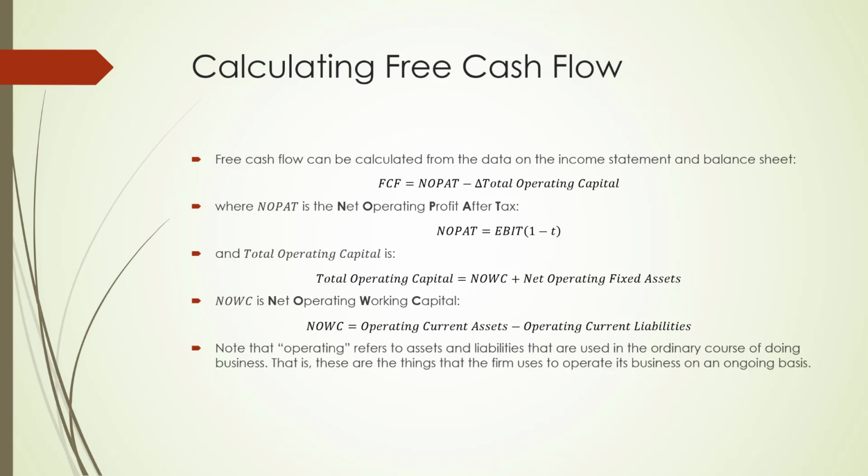So operating refers to assets and liabilities that are used in the ordinary course of doing business. And the distinction between operating and non-operating assets or liabilities really is whether interest is paid or earned on them. If interest is paid or earned, they are not operating.